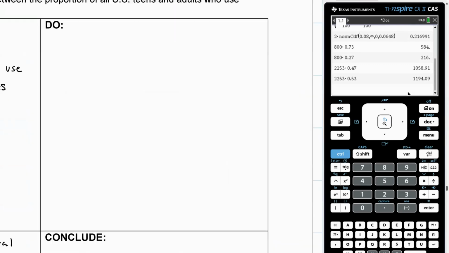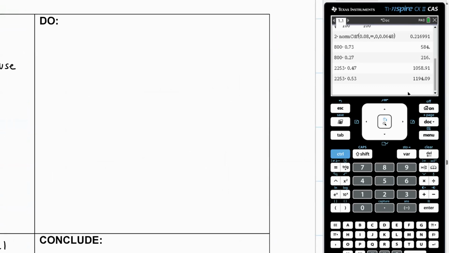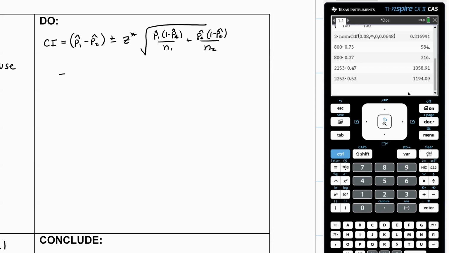Let's go to the calculation step. Remember, our general formula is P hat 1 minus P hat 2 plus or minus Z star times the square root of P hat 1 times 1 minus P hat 1 over n1 plus P hat 2 times 1 minus P hat 2 over n2. And in this case, this is 73% minus 47%.